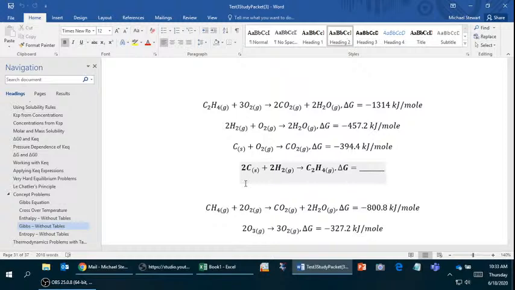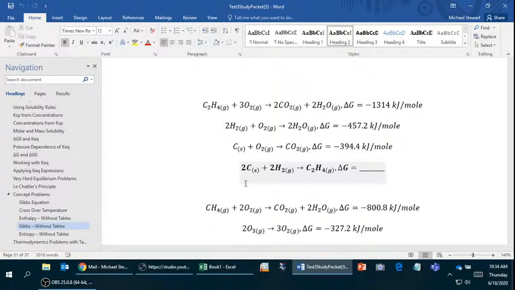So here we got ethylene, C2H4, plus 3O2 goes to 2CO2 plus 2H2O. We have a delta H here of minus 1,314. For the second one, we've got 2H2 plus O2 goes to 2H2O with the delta H of minus 457.2.